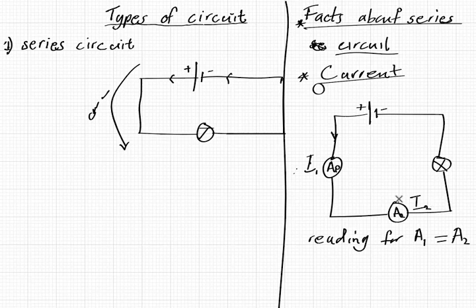And remember that the charges or the current cannot get used up around the circuit, right? The only thing that gets used up is the energy. The idea of charges moving around the circuit is just like yourselves.